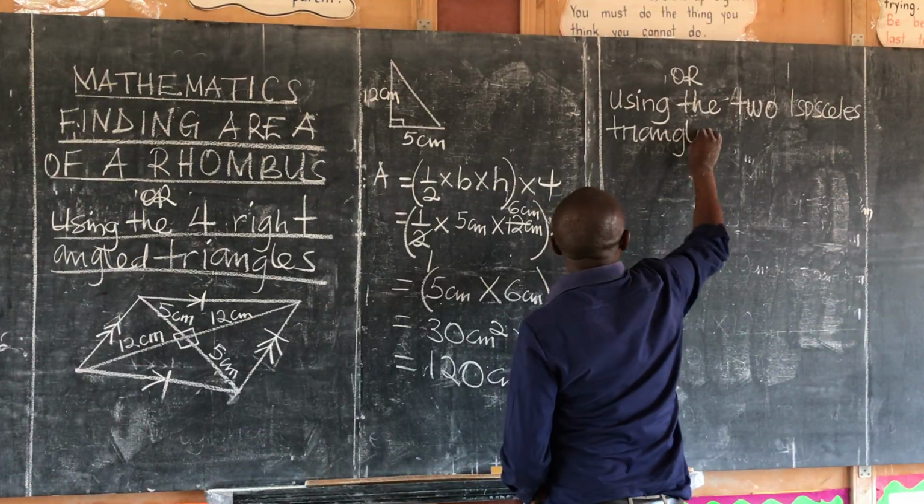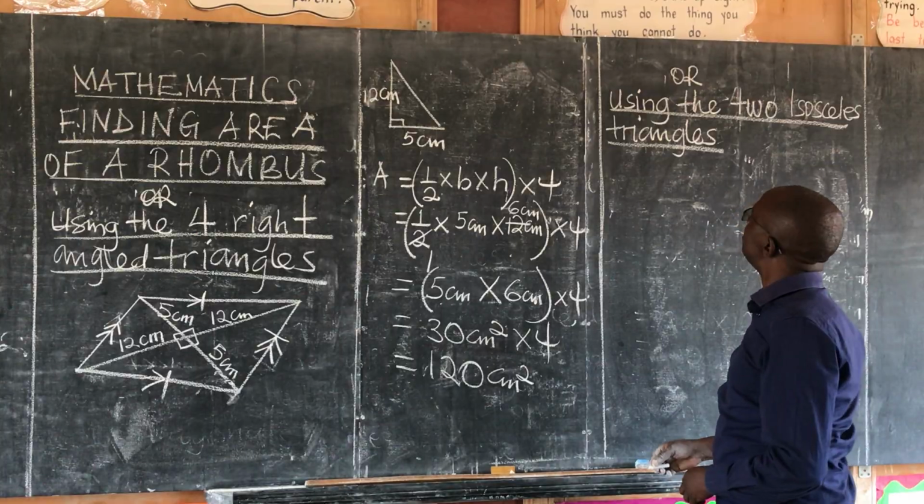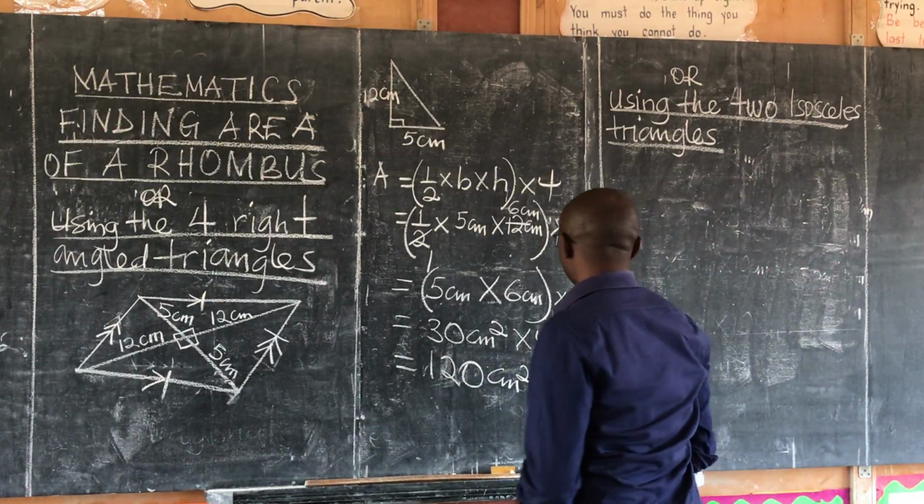And we are going to see them. So now we are using the 2 isosceles triangles. That is the last method we are looking at.